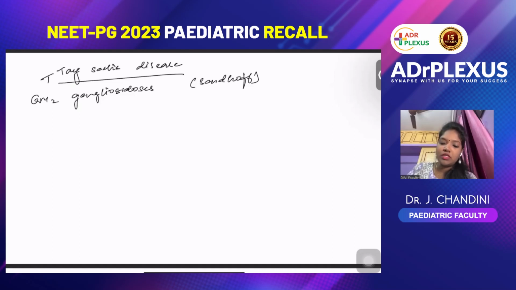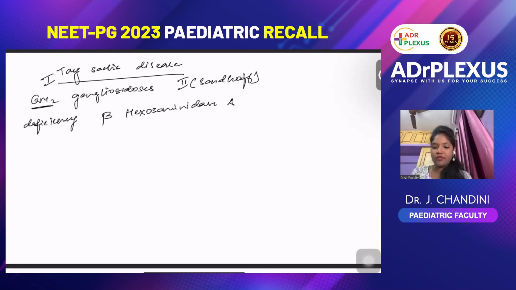The first is Tay-Sachs, the next GM2 is Sandhoff. What happens here is a deficiency of beta hexosaminidase A. Beta hexosaminidase A is deficient. So the child will have features like cherry red spot. What are the features? One is cherry red spot. Then you will have neurological deficits.